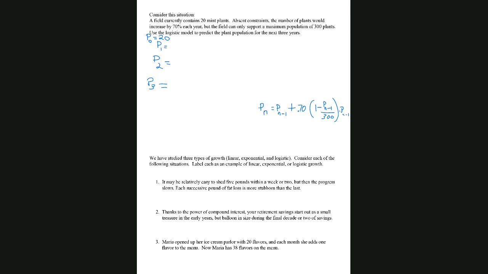So here I'm going to put 20 plus 0.70, you can write 0.7 if you want, times 1 minus 20 over 300 times 20.